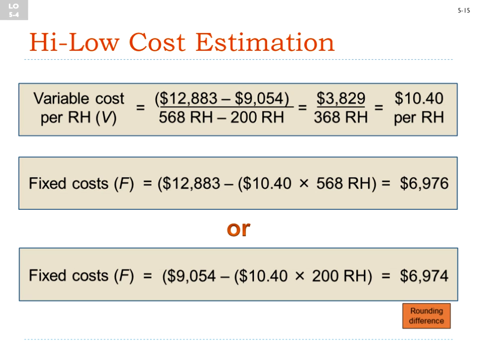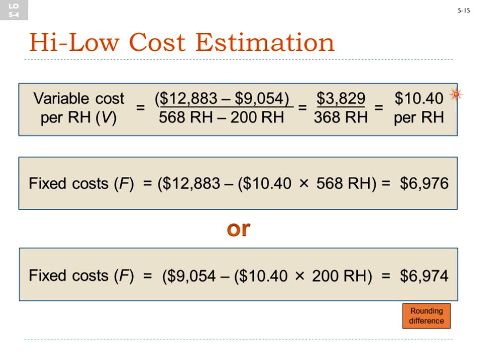So we're going to take the change in the overhead cost divided by the change in activity level, and we come up with $10.40 per repair hour. All right.